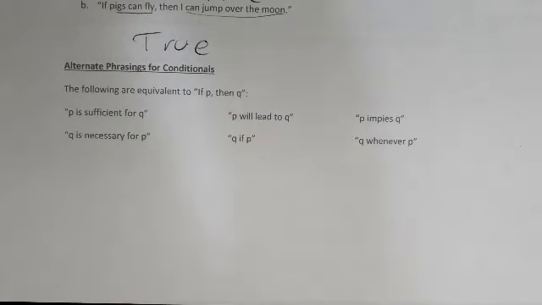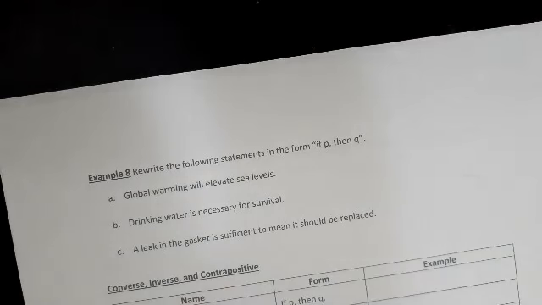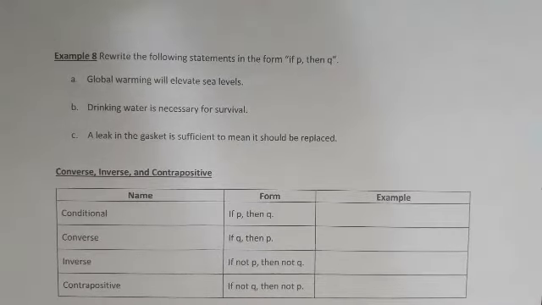But there are a few different ways we can say if-then statements or conditional statements. Okay, so the next thing we're going to do is a little bit of translating, and I think we're getting close towards the end here. We got 2 more pages. Oh, the last one's barely even a page. Okay, so number 8. We want to rewrite the following statements in the form of if P, then Q.